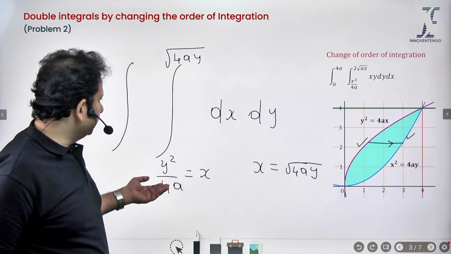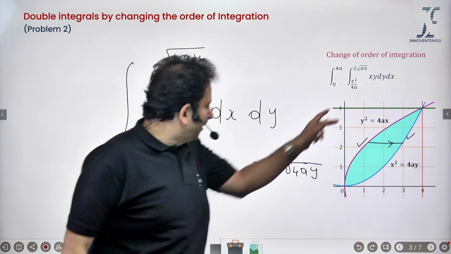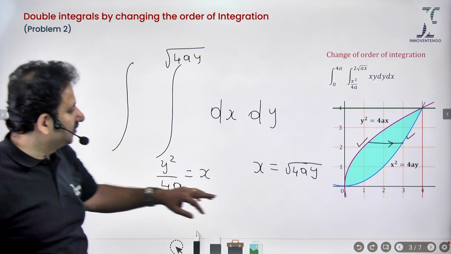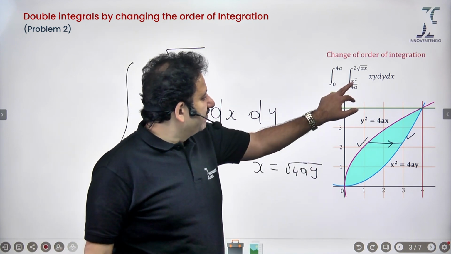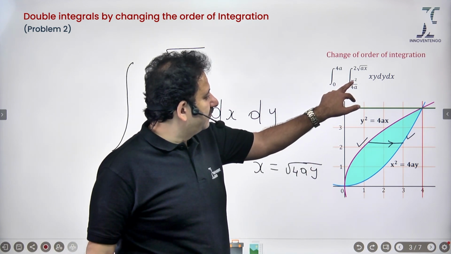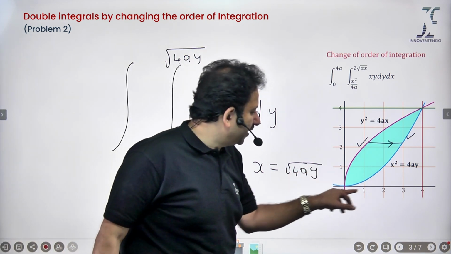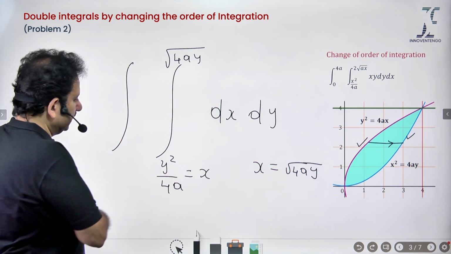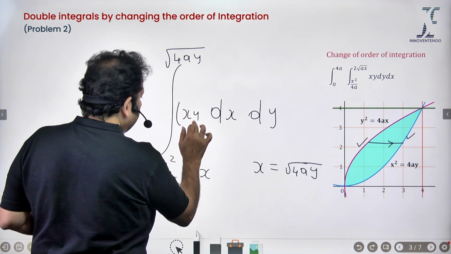So this is what exactly you see here, everything in terms of x, but structurally absolutely the same, but it is simply changed to y because of the parabolic symmetry. Everything was in terms of x here, everything changed to y because of symmetry about x and about y; structurally both are the same. So this is what you get, and of course the function to be integrated, xy.